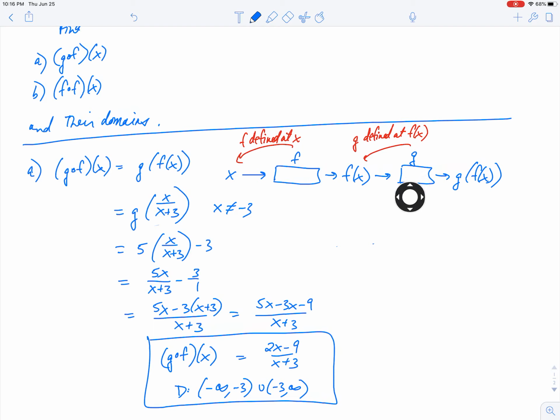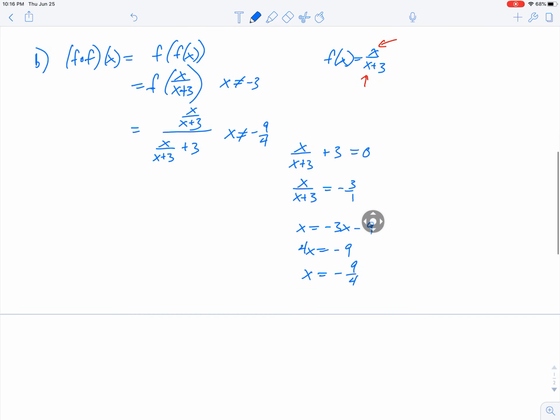So x cannot be negative 9/4 because it causes f to be something such that g at that f of x is undefined. That's the idea.